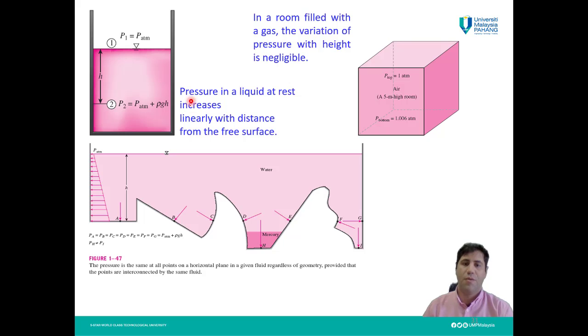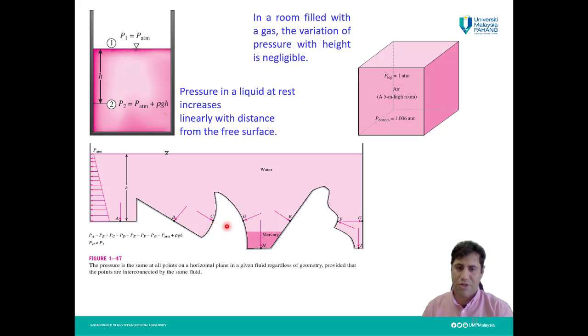But in liquids, pressure in a liquid at rest increases nearly linearly with distance from the free surface. So we can easily use this equation to find the pressure at a depth of H. At the surface we have P1, which is P atmosphere, because we have only the air or atmosphere acting on that. At the depth of H, the pressure is increased because of the weight of the fluid, by this much, rho gh.